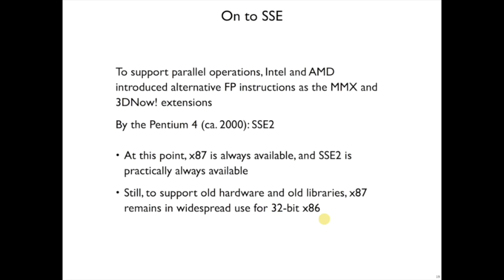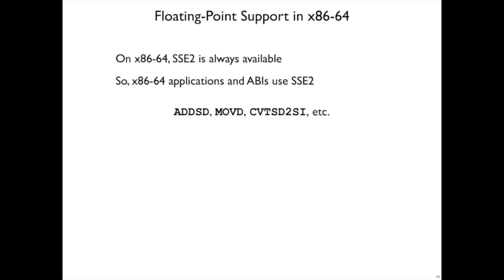But in 32-bit x86, the ABIs and programs are written to run on relatively old machines, to accommodate those machines. And so you'll still see quite a bit of x87 code, particularly in 32-bit mode. We are, of course, on x86-64 for all of our work, so we always have SSE2 available, and we can use that, and GCC assumes that and generates suitable instructions.